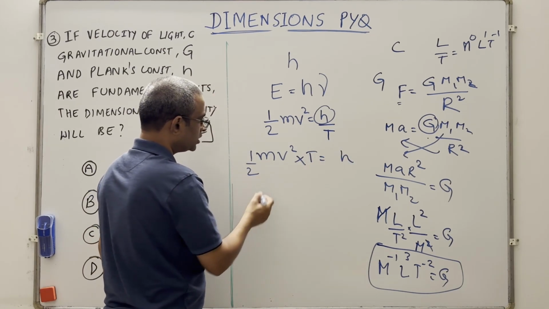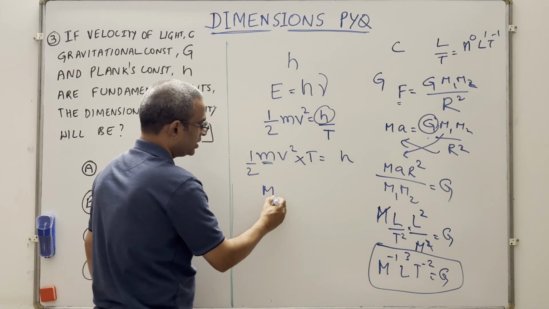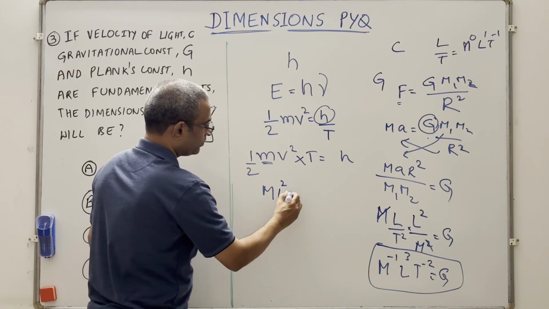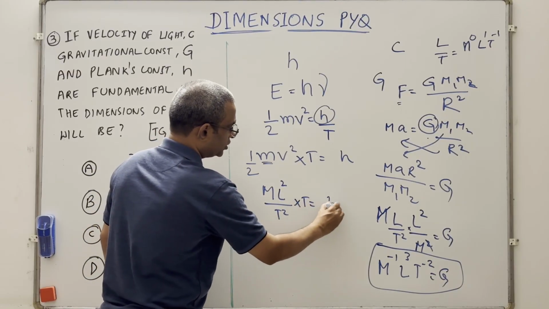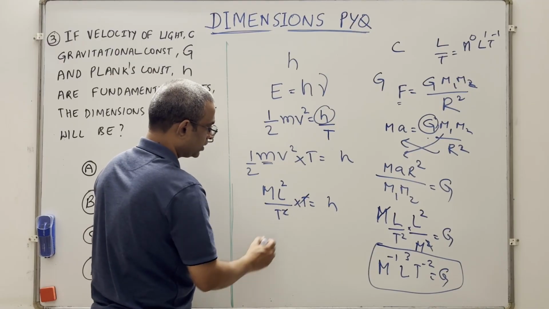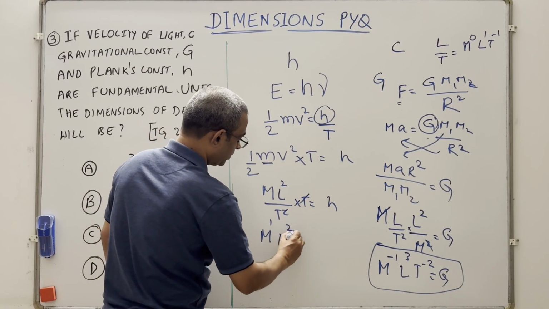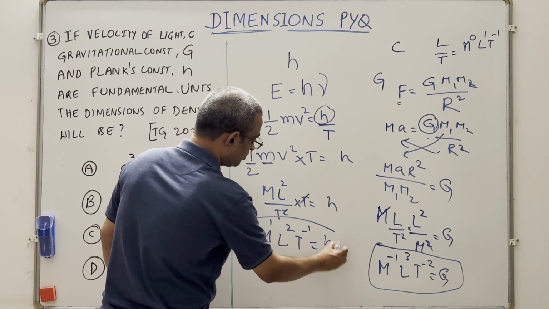Now constants don't have any dimension. So the dimension of m is M, velocity is length by time. So we have L square by t square into t. This is h. So one t gets cancelled. So M power 1, L power 2, T power minus 1 are the dimensions of Planck's constant.